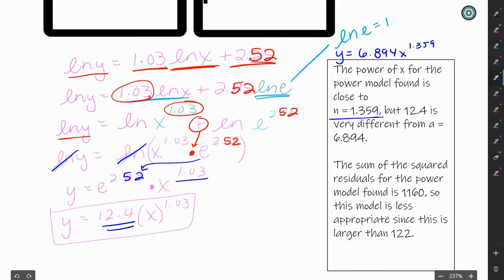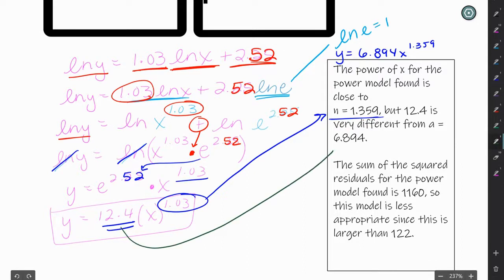So if we look, the power of x for the power model found right here is 1.03, and that's pretty close to the 1.359. But then if we look at the A value, here we had 12.4. The other one is 6.894. So those are really far apart.